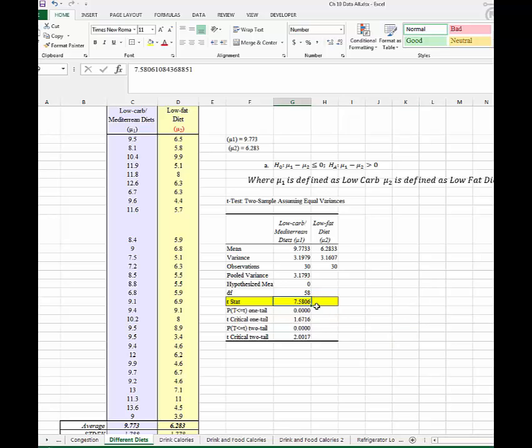And indeed, a t-stat like 7.5 is, I'm using the term loosely, equivalent to being about 7.5 standard deviations away from the mean, which would suggest statistical significance, because our critical value for one tail, which is what this is, is 1.67. So we have way exceeded 1.67 with our 7.586. So that means that our groups are different.